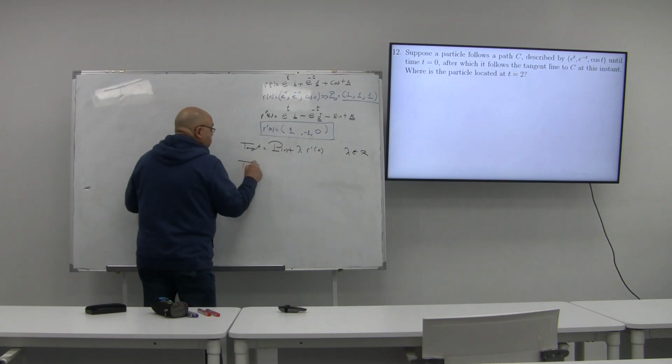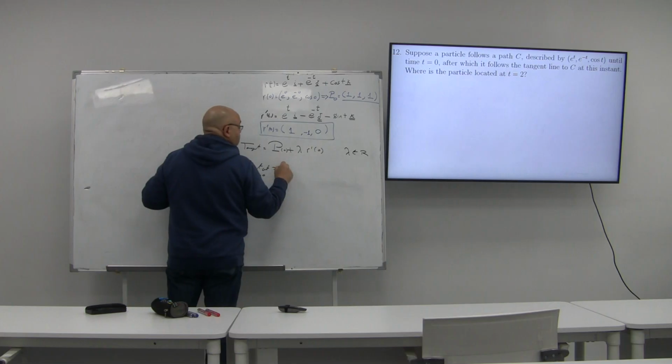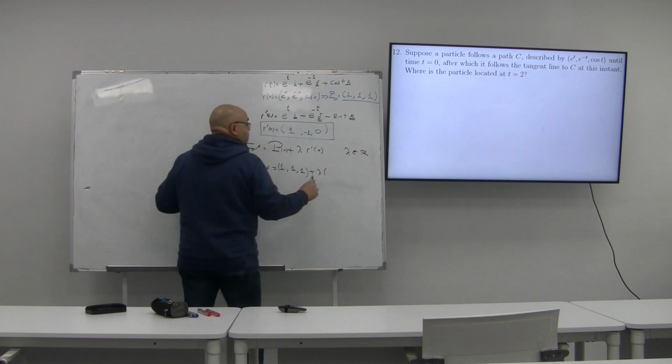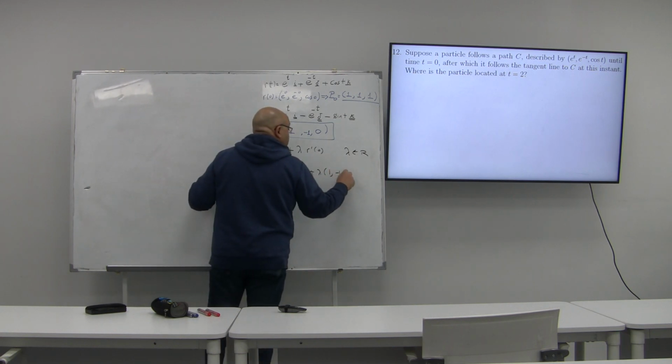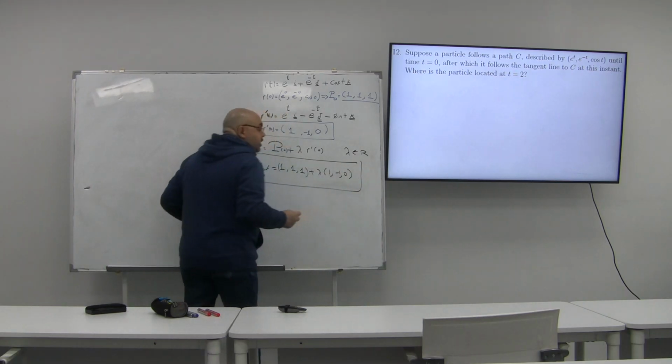So simply the equation of the tangent at t equal to 0 is going to be the first point, which is (1, 1, 1), plus lambda times r dash, which is going to be (1, negative 1, 0). This is mainly the equation of the tangent line.